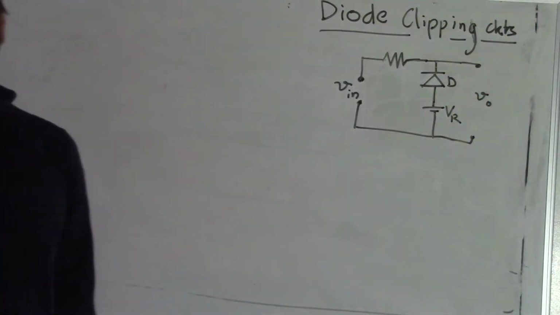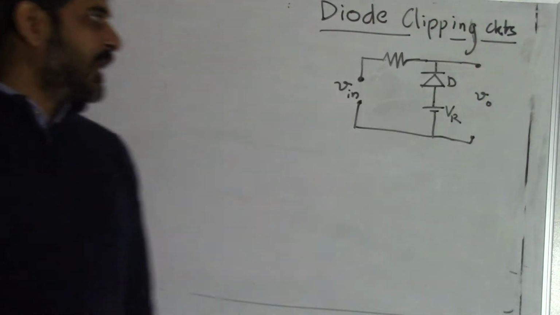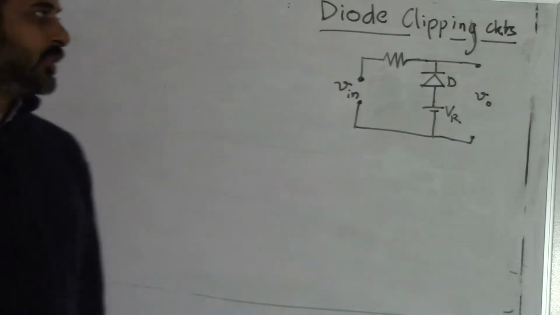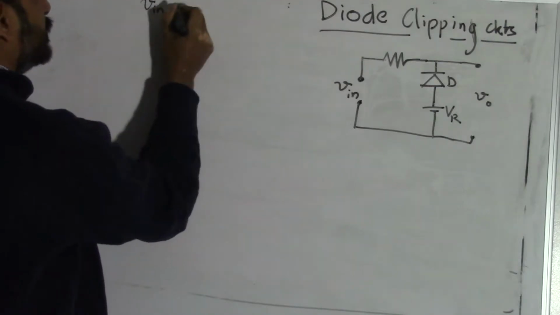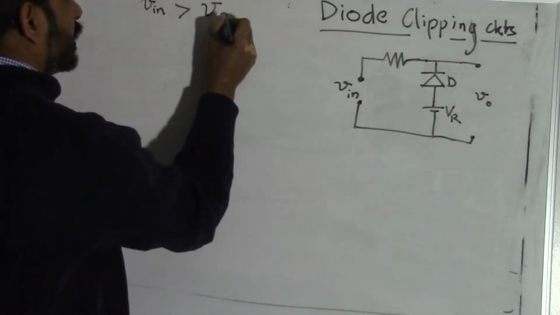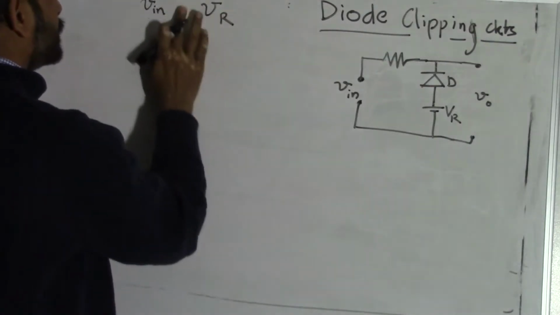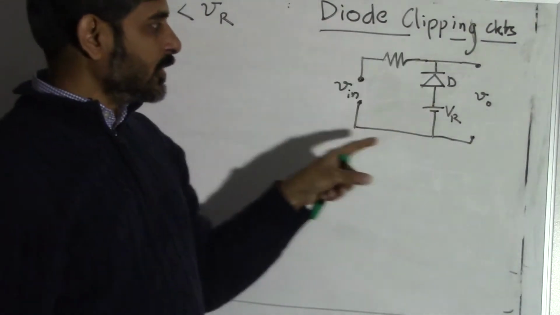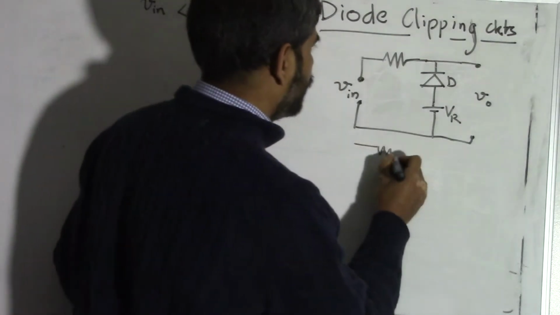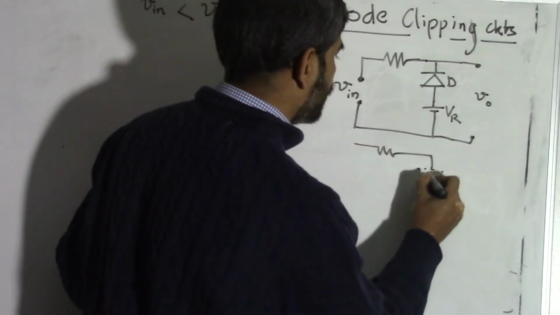And again, the same as in the previous sections, let's analyze what happens for the different values of the input voltage. Consider V in is less than VR. I draw the circuit again, make it dotted.